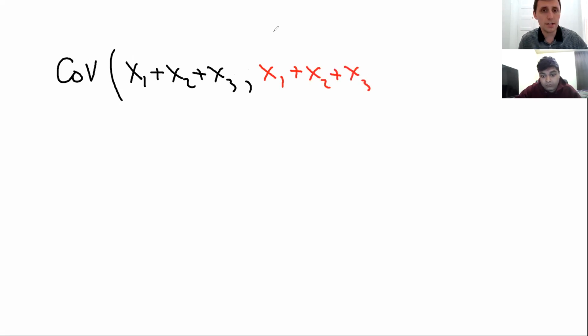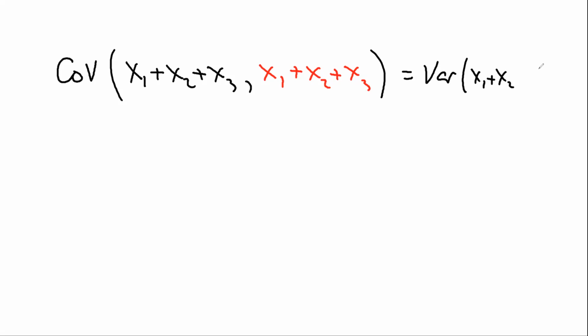So this is the variance of x1 plus x2 plus x3, right? Now, what is the result? What is the situation, guys?